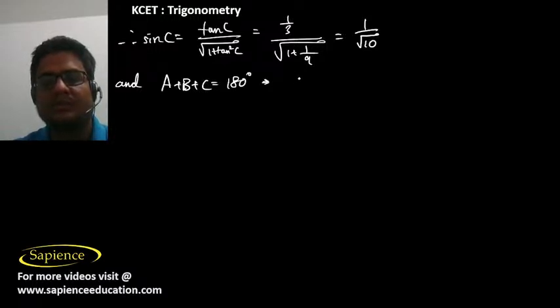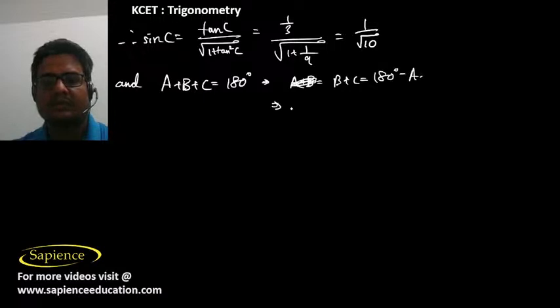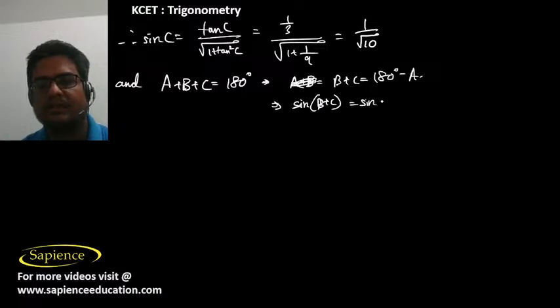So therefore B plus C is equal to 180 minus A. So sine B plus C will be equal to sine 180 minus A. Sine 180 minus A is sine A only.